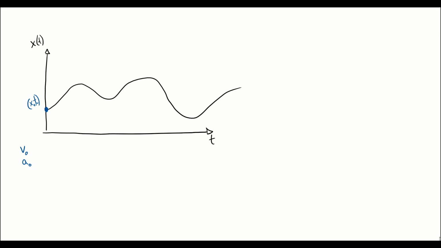Well, we remember from the case of simple position as a function of time that we solved in the initial case. We knew that our velocity at some time t was equal to the velocity just before it plus some acceleration times t.